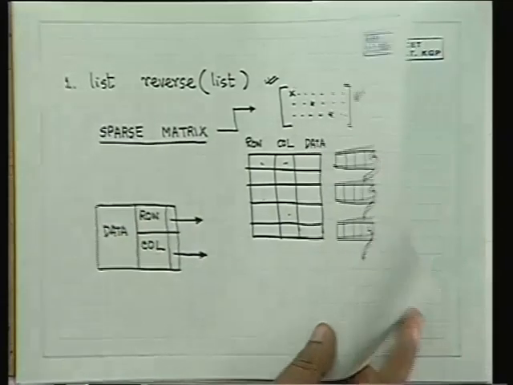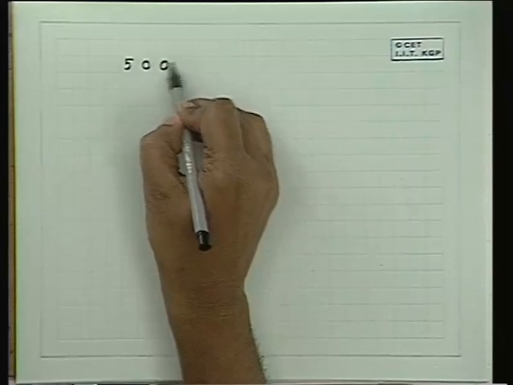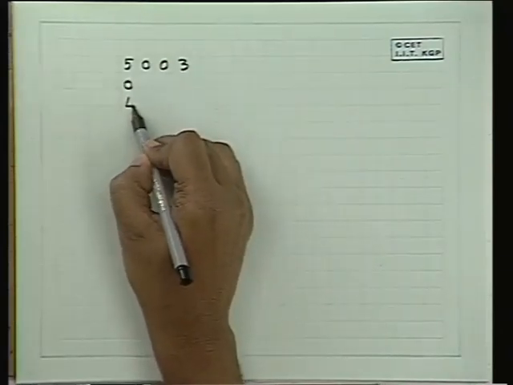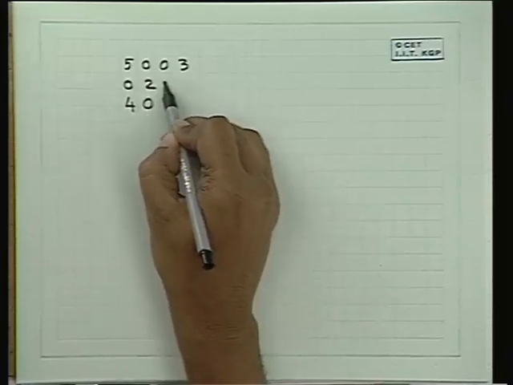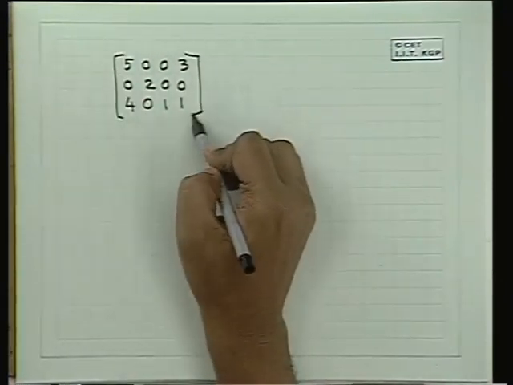Then you will have a structure of an array which looks like this. Suppose it is 5, 0, 0, 3, 0, 4, 2, 0, 0, 1, 0, 1. Suppose we take this matrix.